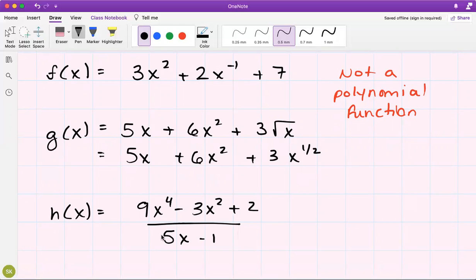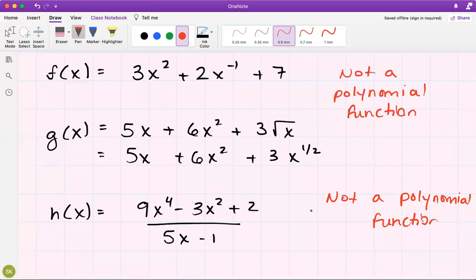But when you have fractions involved with these x's here, then it's not a polynomial function. So let's put that here. Not a polynomial function. So fractions are not okay when it comes to these x's. If you have a fraction in the coefficient, that's fine. But you can't have something with an x divided by something with an x. Let's just put it that way.